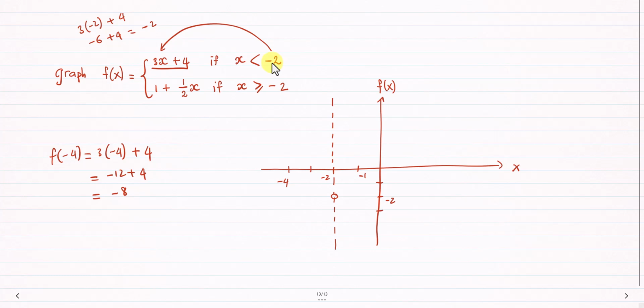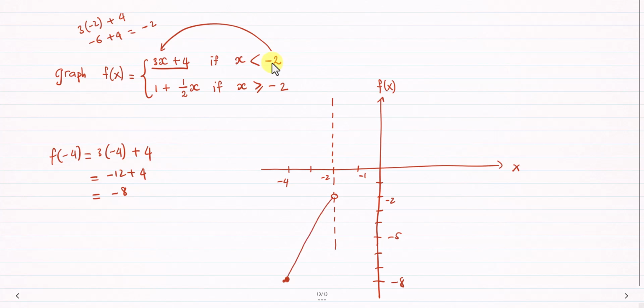So this is -3, -4, -5. I need 3 more: -6, -7, and -8. So it should be this point right here. Right? This is -4 and -8. And then we can connect the 2 dots together.